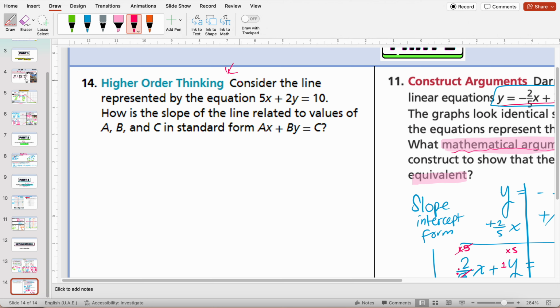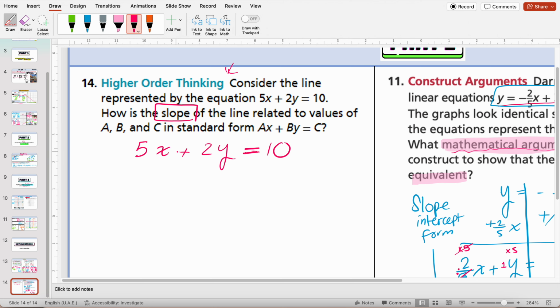I like similar questions. So here we have, consider the line represented by the equation, this one. How is the slope of the line related to the values of a, b, c in standard form? So let's take the same equation, 5x plus 2y equals 10, okay? And to find slope, this is standard form.